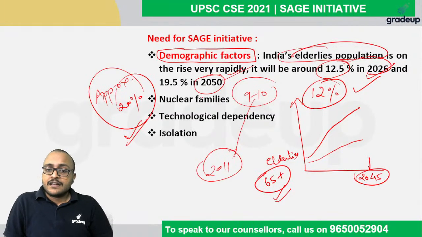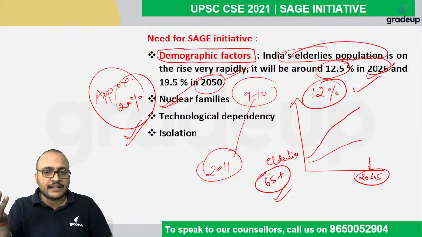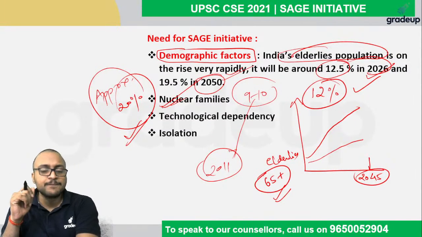Agreed? The second reason for the SAGE initiative is the nuclear family. Guys, nuclear families are growing day by day. What is the meaning of nuclear families?